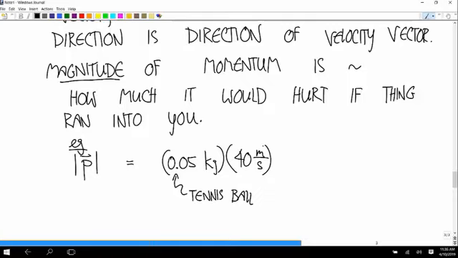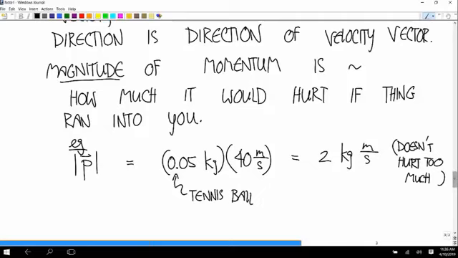Okay, that's pretty fast, almost 100 miles an hour. But it's a tennis ball, so you'd feel it hit, but you'd be fine, you know. So what's that equal to? That's 2 kilogram meters per second. Okay. Doesn't hurt too much.